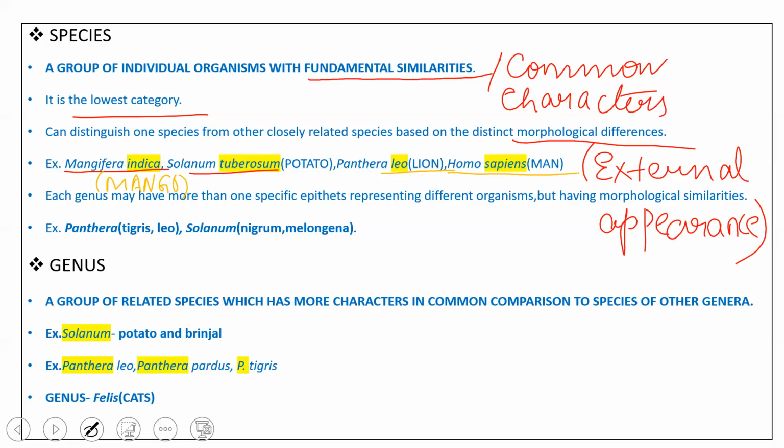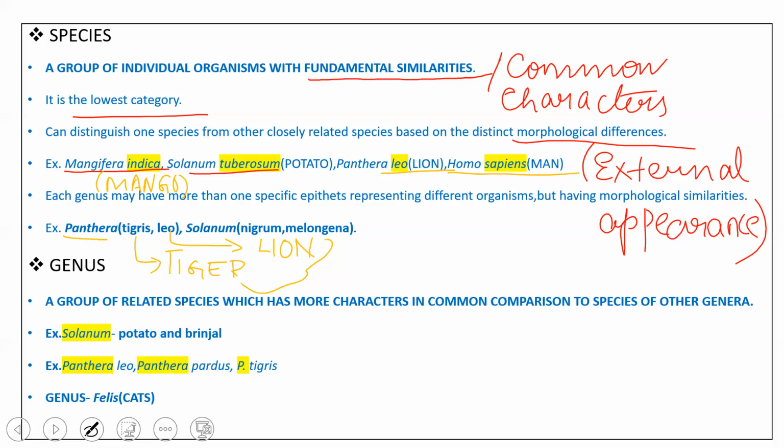Say, for example, Panthera tigris is tiger. Panthera leo is lion. There are many characteristic features in which lion and tiger are similar, like being carnivorous, or their patterns on the skin, or their wild nature. So the similarities are more at the species level.